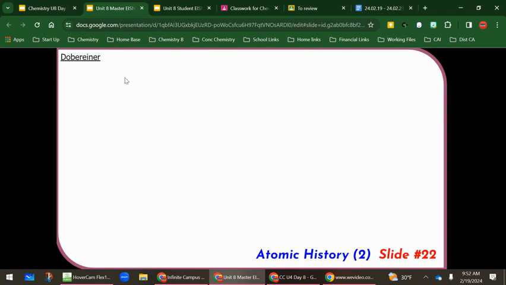Okay, so let's get to Dobereiner, ladies and gentlemen. Dobereiner is an interesting person. Dobereiner is credited with trying to set up a periodic table, and he created something called triads. Three. He put elements in groups of 3 because they had similar properties. He put magnesium, calcium, and strontium together.